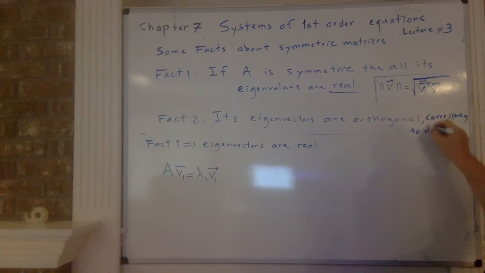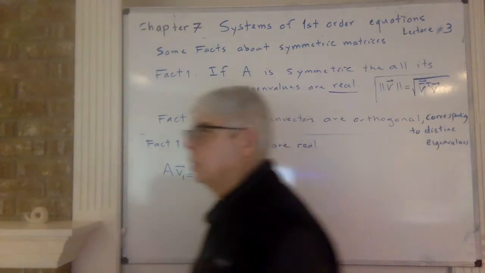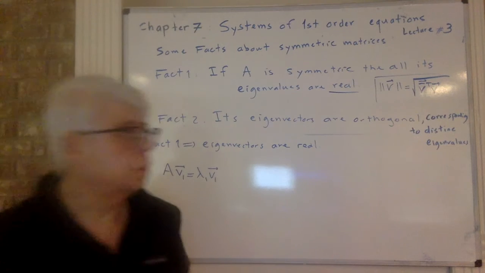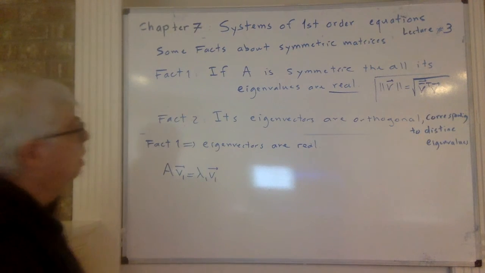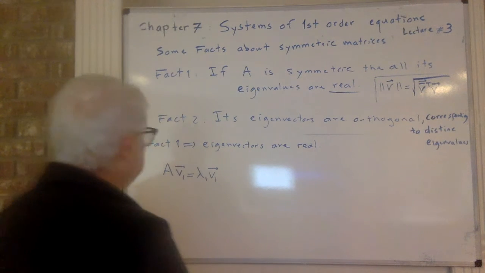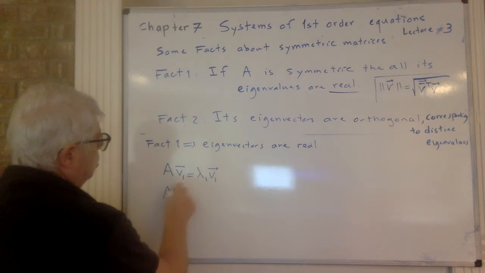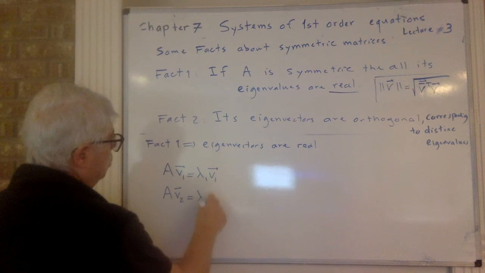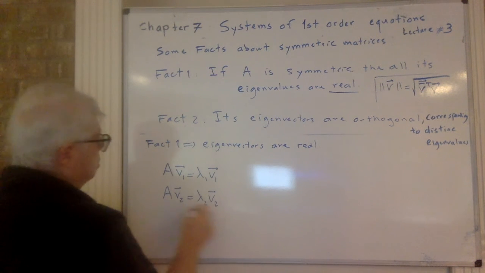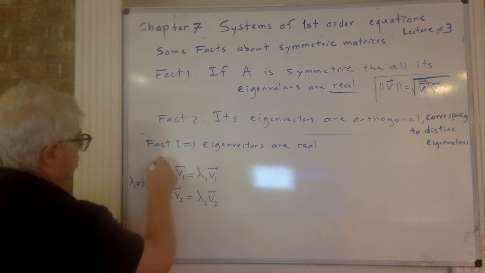The interesting thing is that even if they are not distinct, you can extend that to an orthonormal basis, but that's not the point. So let's write two equations, A V2 is lambda 2 V2, and let's assume that lambda 1 is not equal to lambda 2, okay?